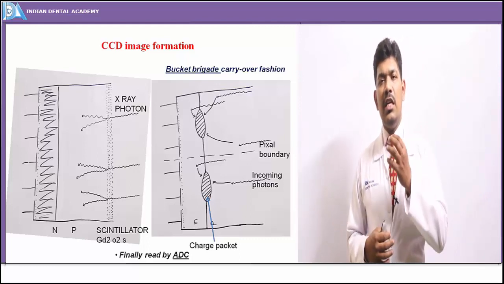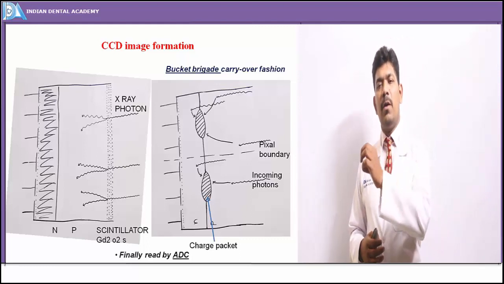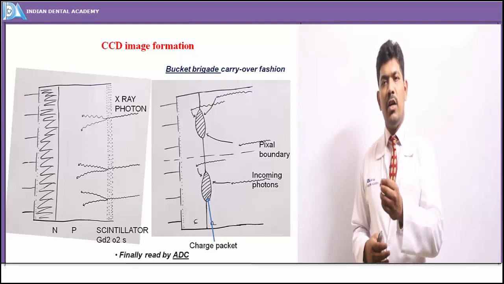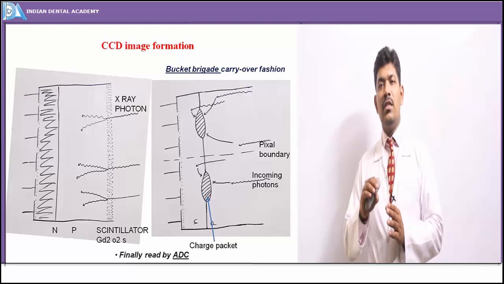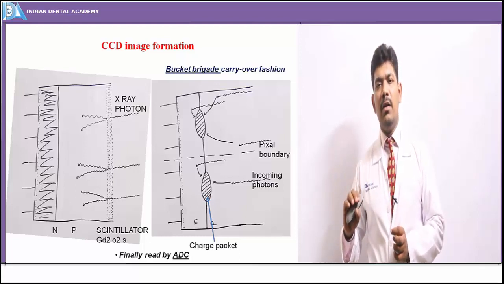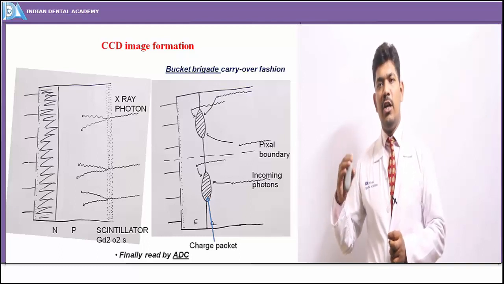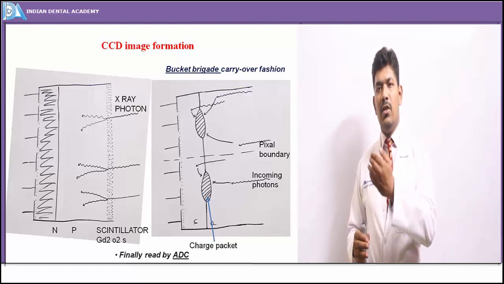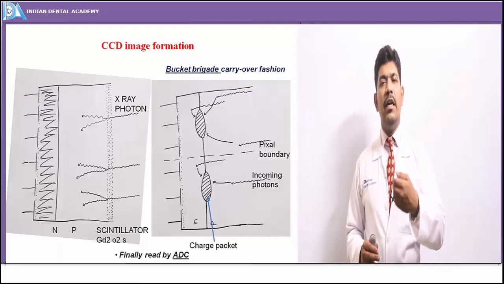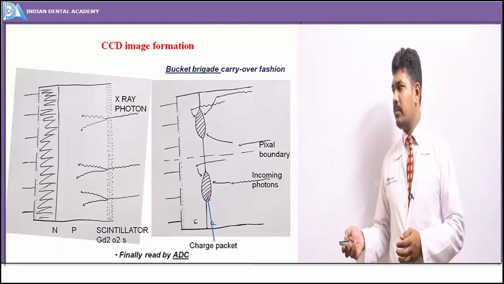As I told you, each pixel is directly proportional to the amount of energy incident upon the sensor. This is directly assigned a particular numeric number depending upon the different shade of gray represented, and then this numeric format is read out by this converter into a digital signal.